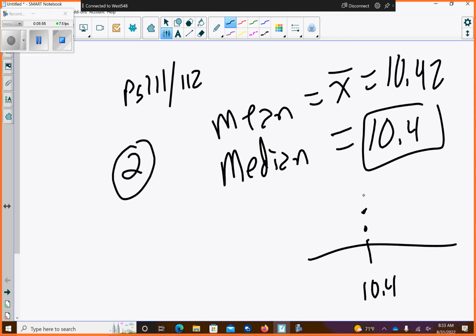Depending upon which way you counted, it could have fallen here or here. Well, if you go 10.4 plus 10.4, you get 20.8, divided by 2 is 10.4. So the median is sometimes harder to find because you're trying to find the middle, especially if you have an even number of data. You have to find what your middle data is.